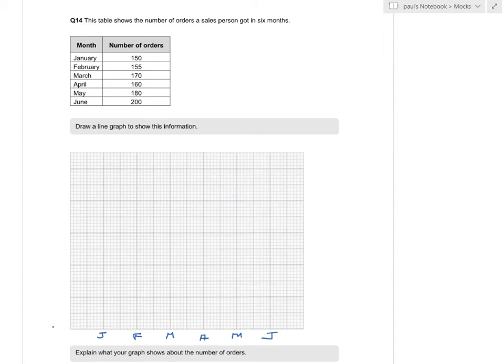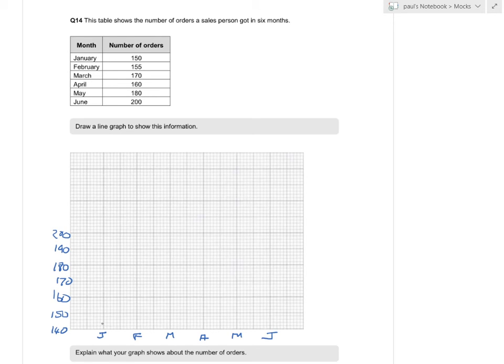So let's start at 150, 160, 170, 180, 190, and 200 up there.